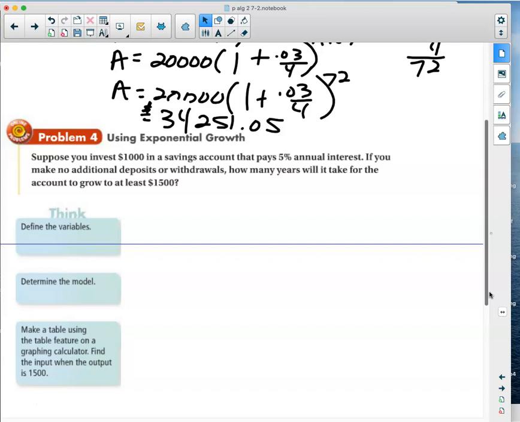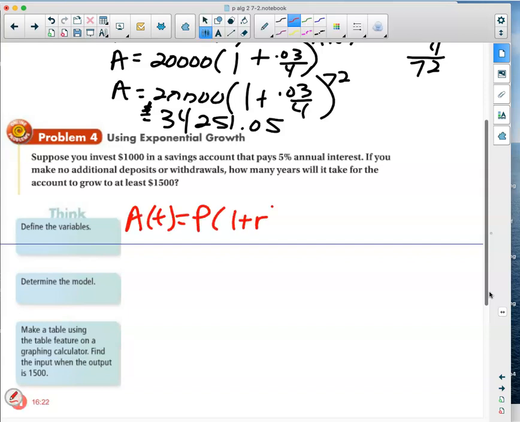Let's see. It says we can just use our growth model for this one. So let's go back to this. Now, they didn't have to tell us that, because inside here we don't see anything about semi-annually, quarterly, daily, monthly. It mentions that this has annual interest, so that's once a year.